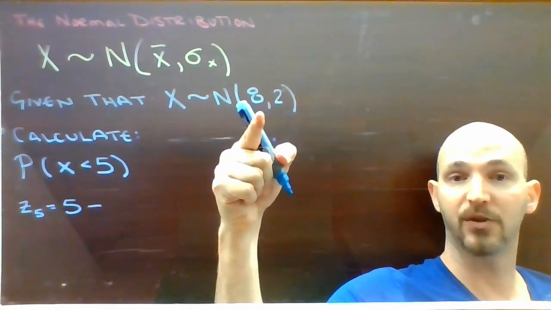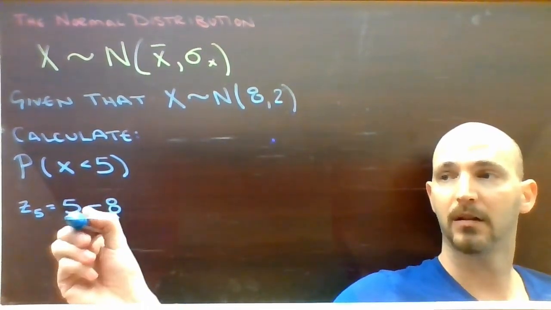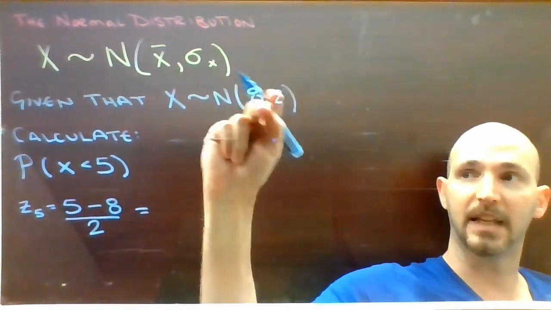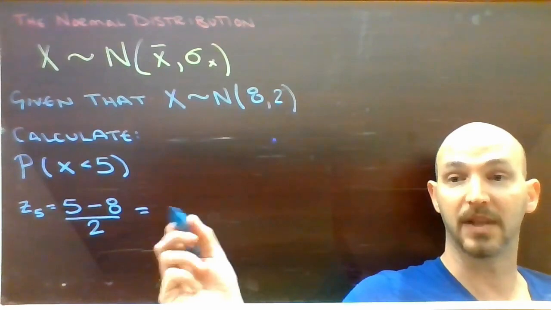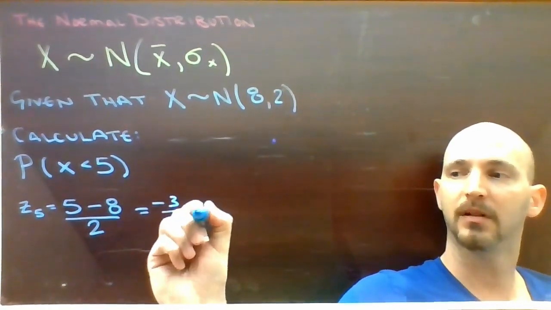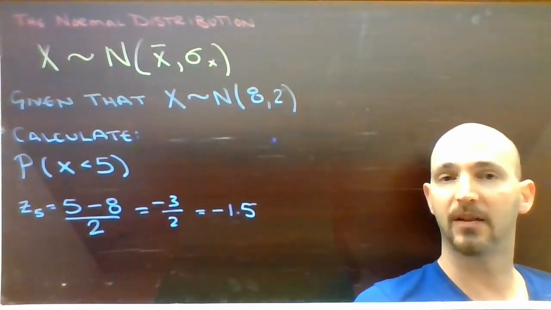You can tell it's the average because it's quoted first in this bracket, and divide by the standard deviation, which was handed to you as the second number in that bracket. 5 minus 8 is minus 3, divided by 2. So I'm hunting for a z-score of negative 1.5.